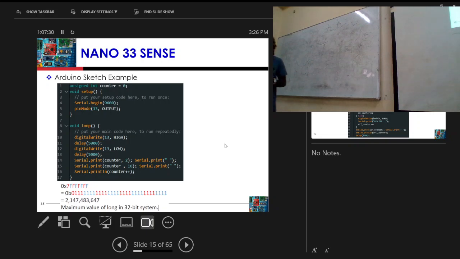So if I say this is a 4-bit number, and I write something like 1 0 0 0, and then I ask you, what is this number? Everybody pay attention here. This is a 4-bit number. What is this number?